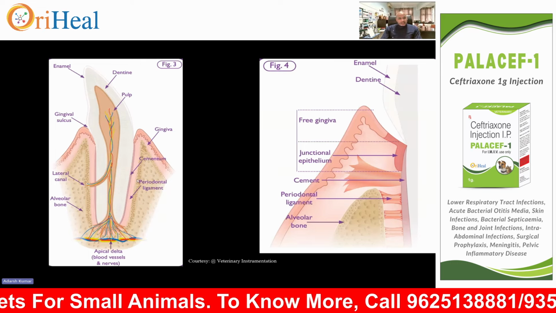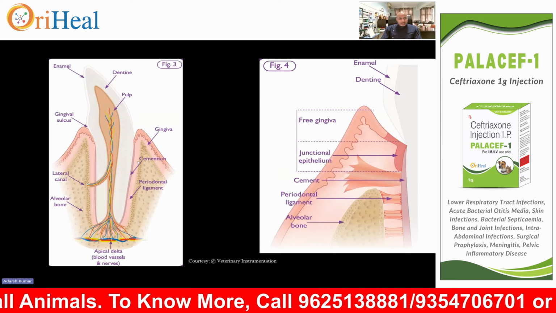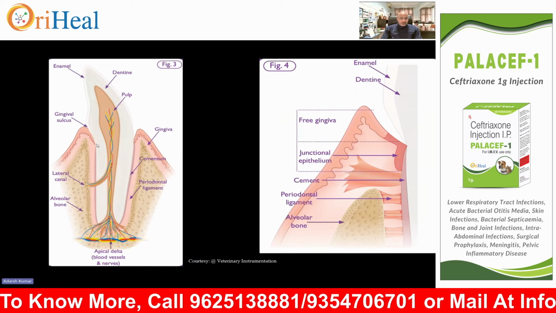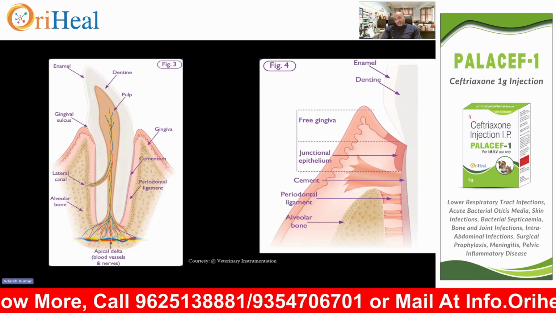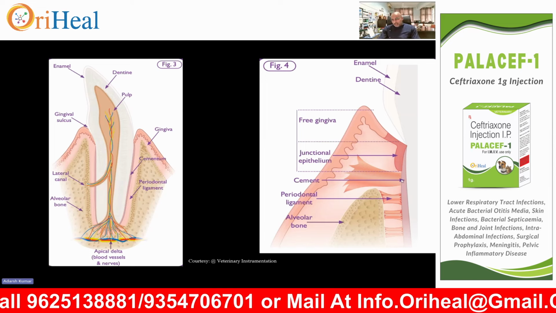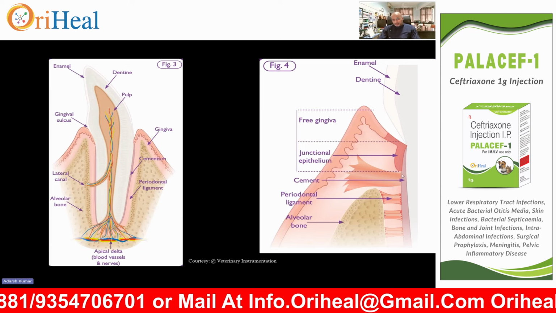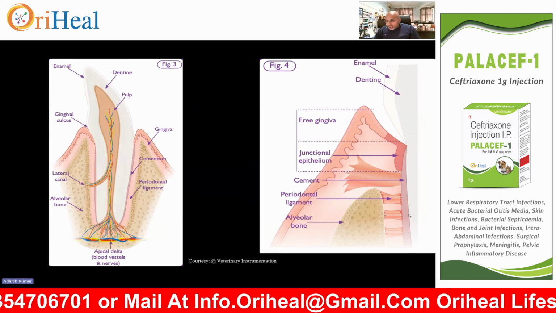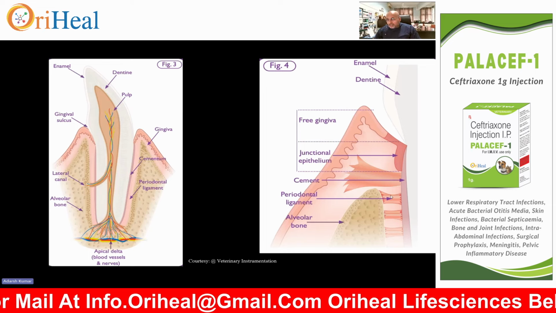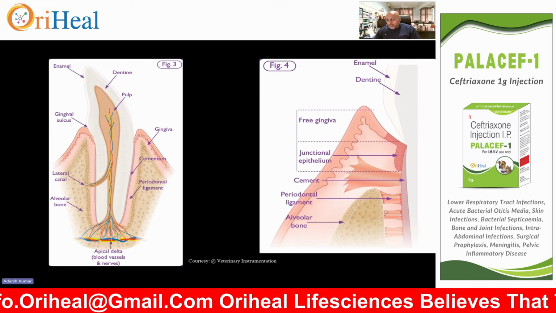Now, let us have a magnified view of the periodontal ligament in association with the alveoli, because you are going to work somewhere over here when it comes to dental extraction. Now, this is the periodontal ligament, this region. Can you see this darker portion? This is the cement. From the cement, the fibers of the periodontal ligament go and attach to the alveolar bone.